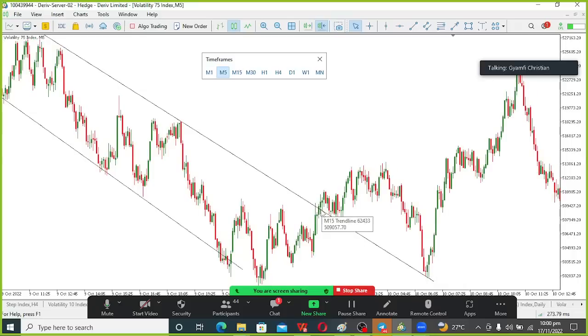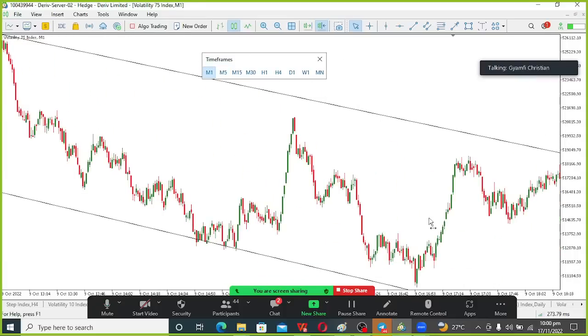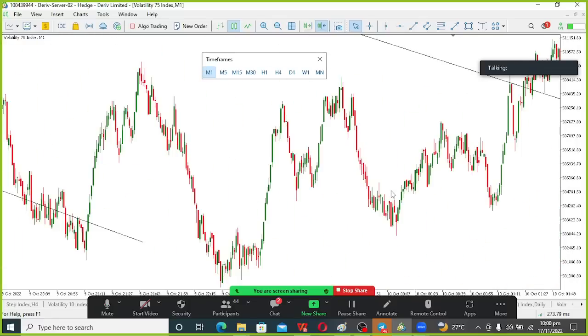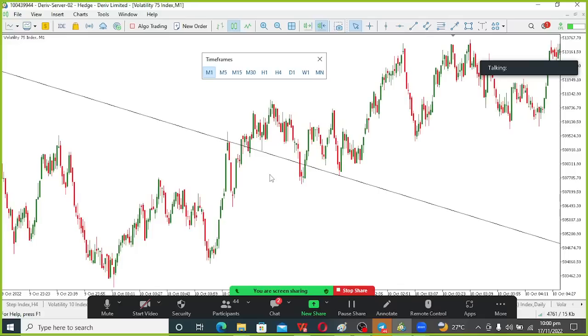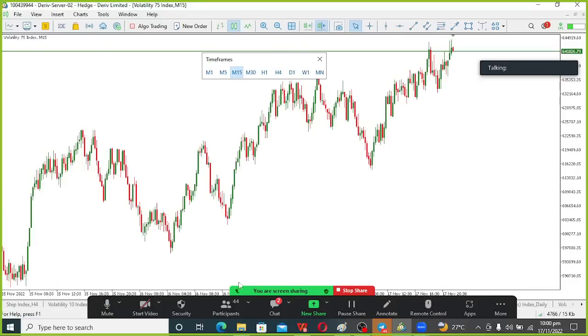So we had a touch here and then another touch here. Let me switch to 1 minute and see. Okay, so this one also came and then it came again. So the touches were 2. Yes, okay. All right, the touches were 2.